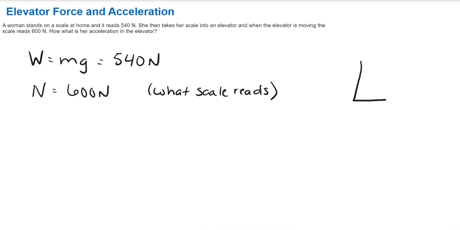So we have our elevator, our lady in the elevator, and she's on this scale. So there are two forces acting on her when she's in this moving elevator. So we have her weight, and then we have the normal force.